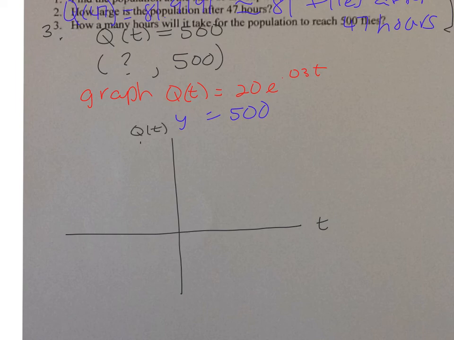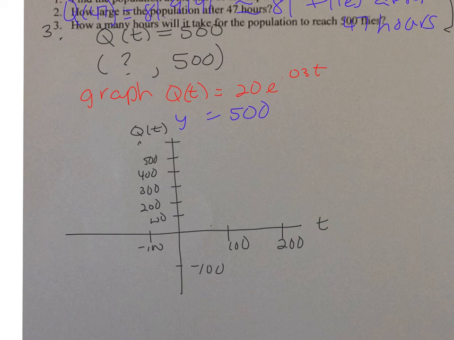You had to have negative 100 on the left, 100 on the right, 200 to see a nice picture, negative 100 down here, and then 100, 200, 300, 400, 500, 600. I would know I have to go up to 500 because I want to know when my Y value is 500, right? I want to know when my Y value is going to be 500.